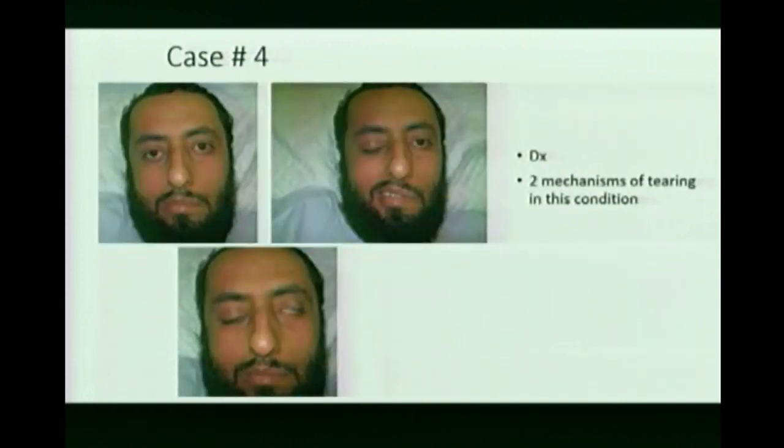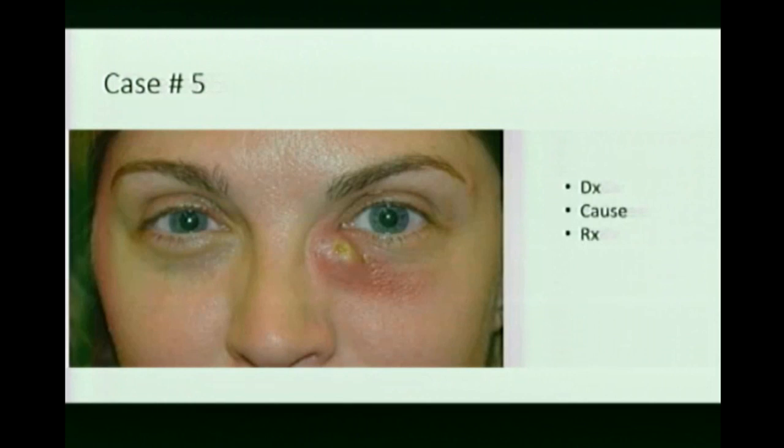Case 4, spot diagnosis, 2 mechanisms of tearing, and case 5.